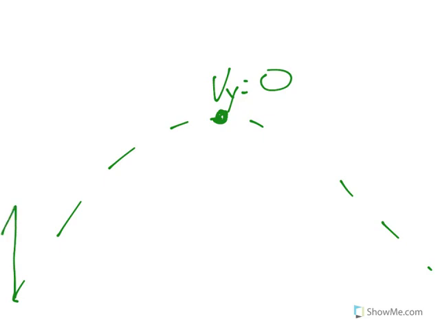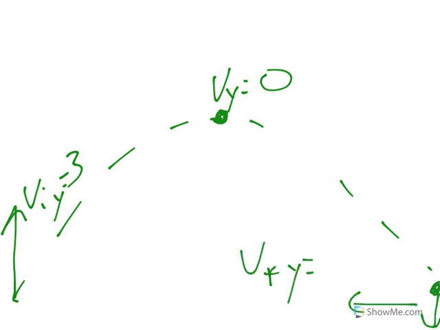If we're trying to solve it when it gets to the top, hopefully you will remember that the velocity in the y at that top point is 0, which is extraordinarily convenient because we know that the initial velocity in the y here is 3. We would also, by the way, know that the final velocity in the y over here is equal to negative 3.